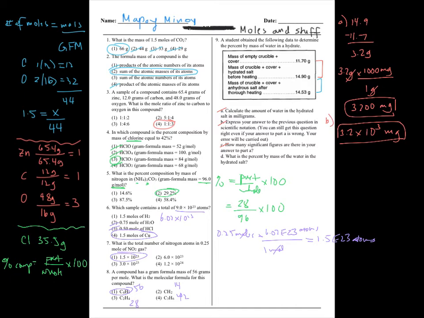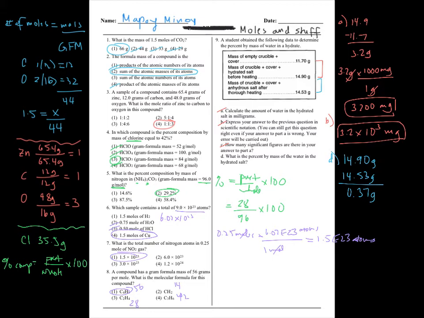So when you evaporated the water, if we take the difference between these two masses, we could figure out how much water we evaporated away. Okay? So we should get 0.37 grams. 0.37 grams of water.